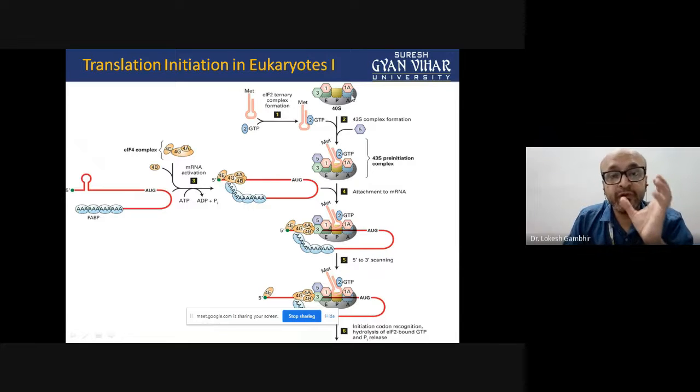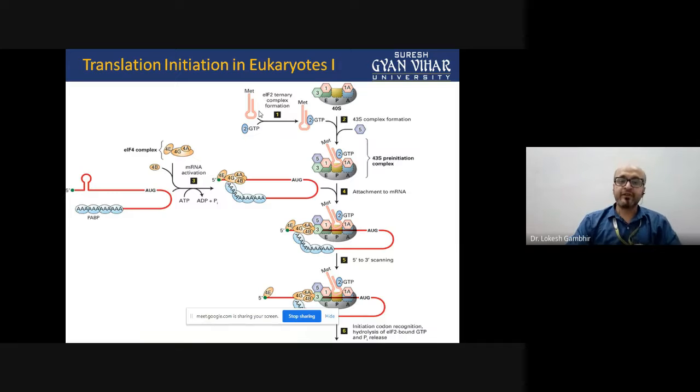So in order to ensure that the binding of the tRNA happens at the P site only, and does not enter the E or A site, eukaryotes are blocking the E site and the A site, so that only the P site is available. Then there is another initiation factor, eIF3, eukaryotic initiation factor 3, which binds to the small ribosomal unit and prevents the premature binding of large and small subunit.